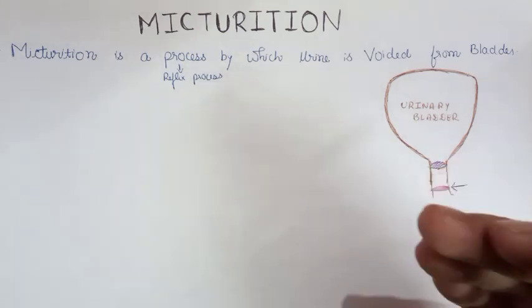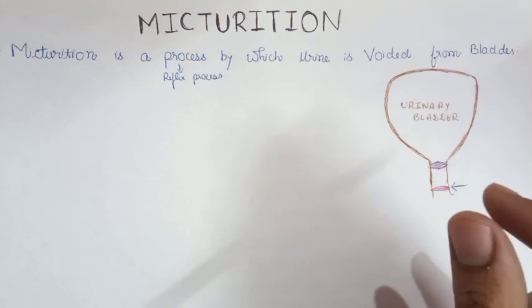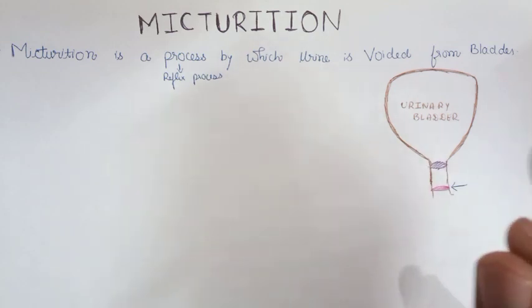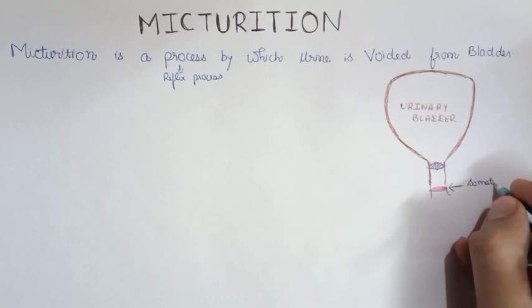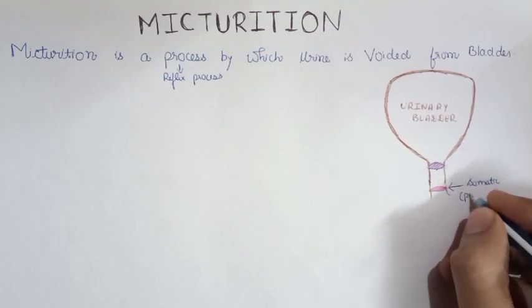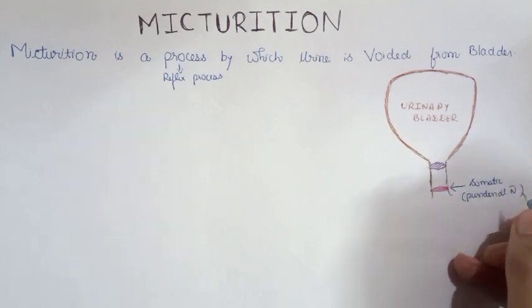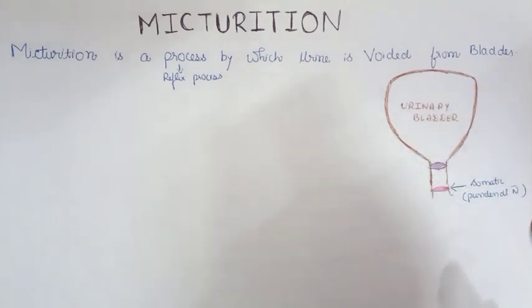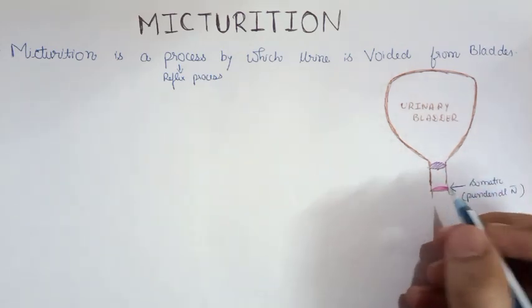So what do you understand by voluntary control and the nerve relation? If something is under voluntary control, it must be supplied by a somatic nerve. The somatic nerve in this case is the pudendal nerve. The pudendal nerve carries the somatic supply to the external urethral sphincter.